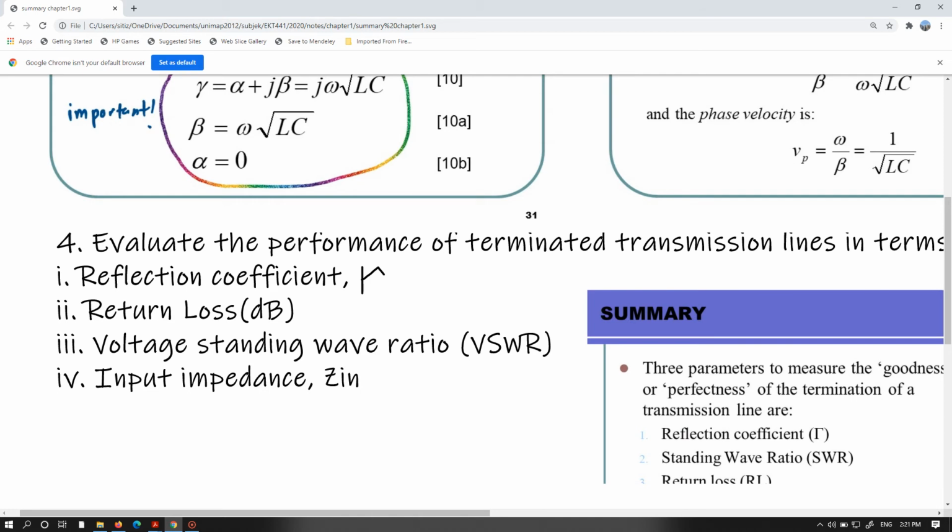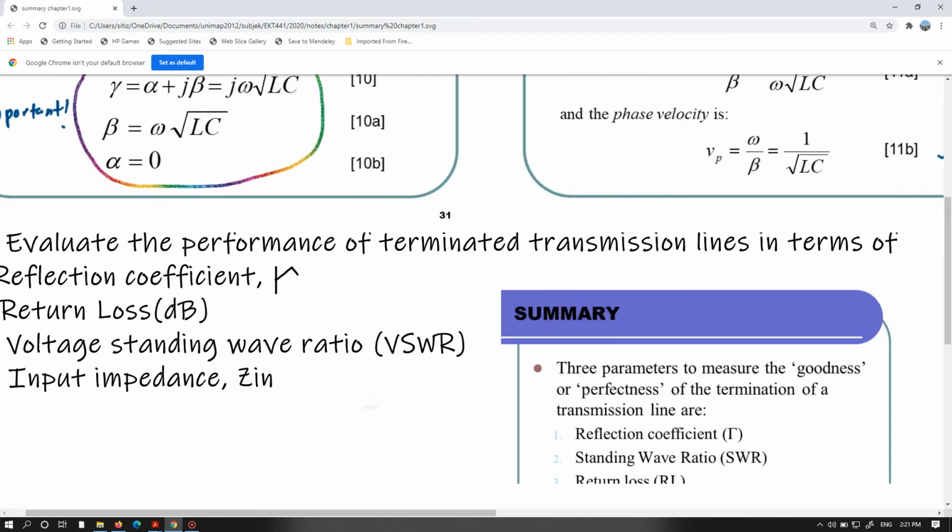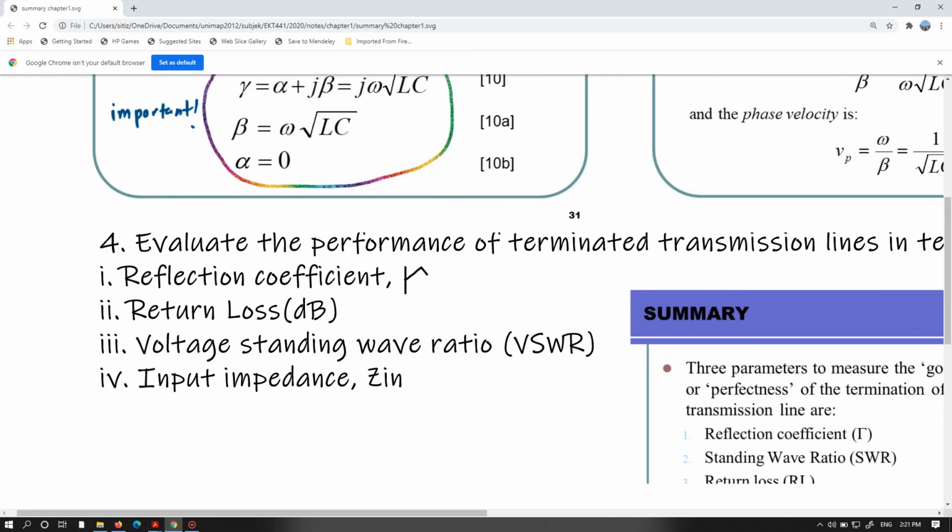Okay, after that, previously we just considered a transmission line with no connection at both ends, at the input side and output side. Now when we terminate, meaning that we connect the end of the transmission line to another load, we have to evaluate the performance of that connection.